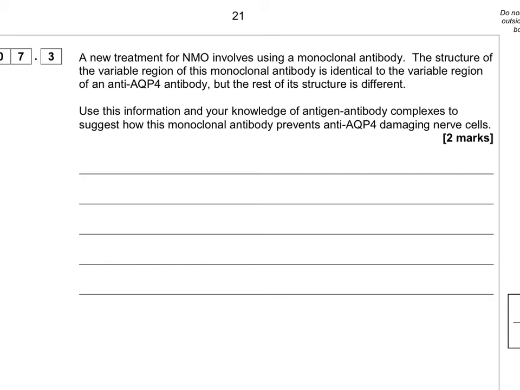7.3 then goes on to say a new treatment for NMO involves using a monoclonal antibody. Now, you'll know that's in your spec. You need to know about monoclonal antibodies. And it says the structure of the variable region is identical to the variable region of an anti-AQP4 antibody, but the rest is different, the rest of the structure.